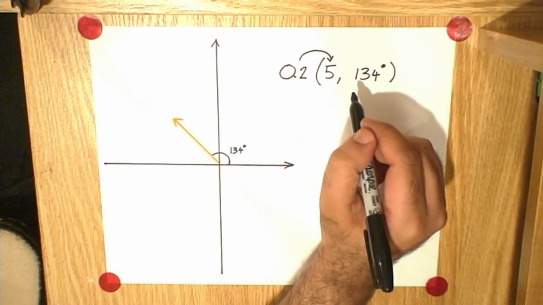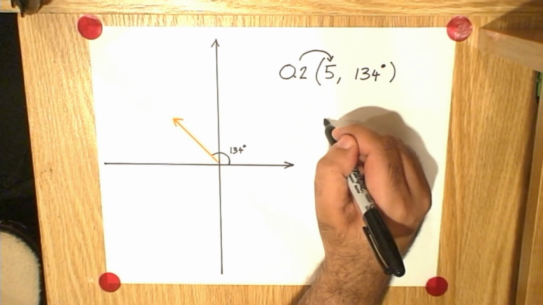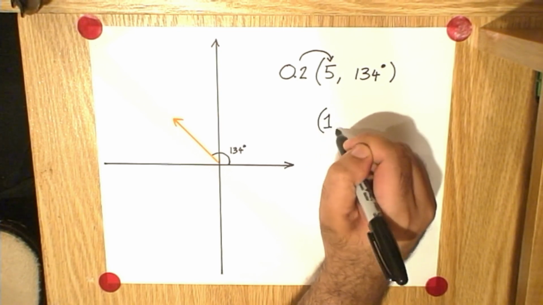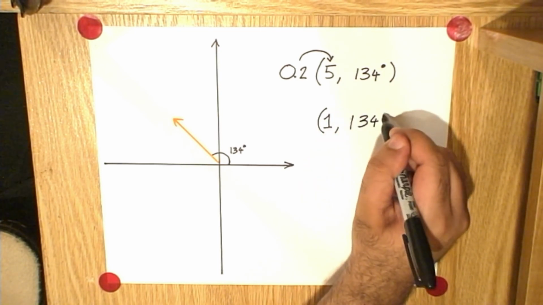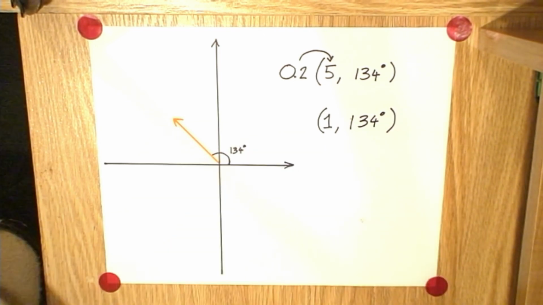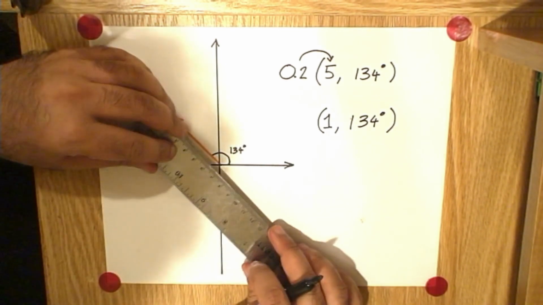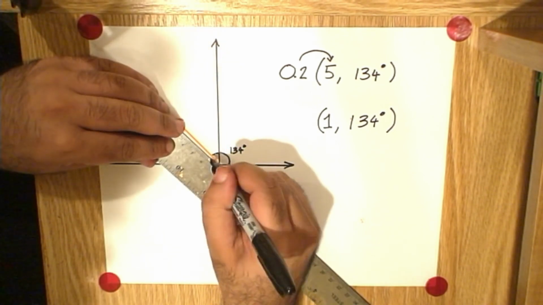So 0.2 times 5 will give me 1, and the angle will remain unchanged. So my scaled vector over here is 1 at an angle of 134 degrees. That would look something like this.